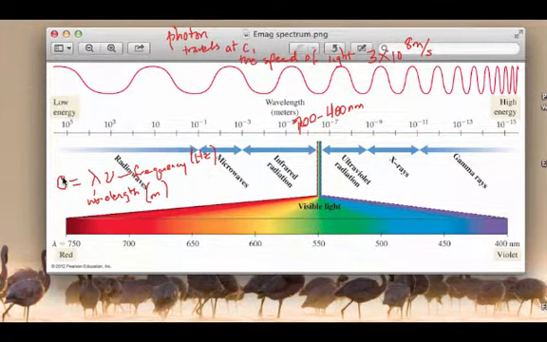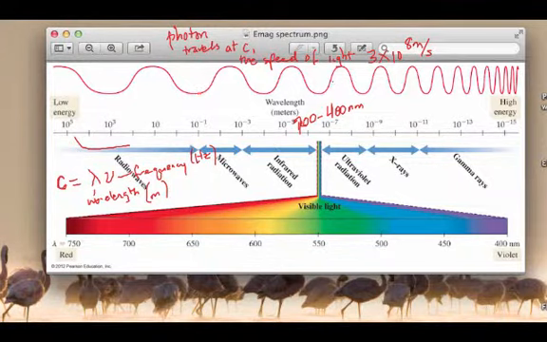Since c is constant, if wavelength gets big, frequency must get small. If wavelength gets small, frequency must grow large. So when you look at the electromagnetic spectrum, everything travels at the same speed, but down here we have the long wavelengths, okay, shown here, long wavelengths, short wavelengths.